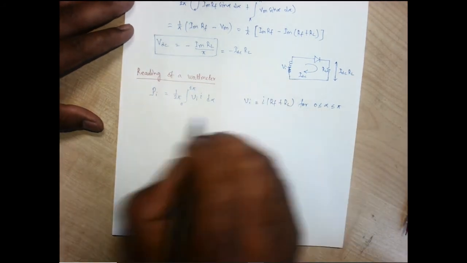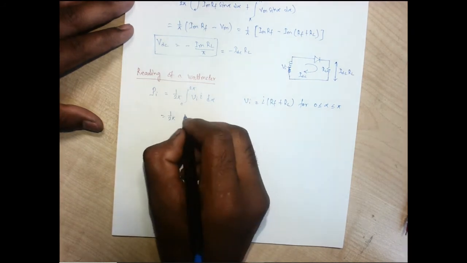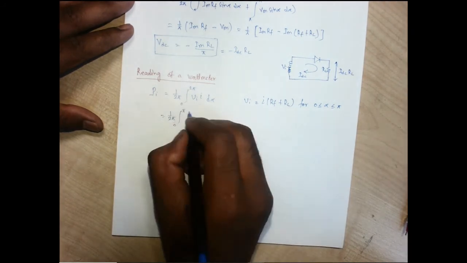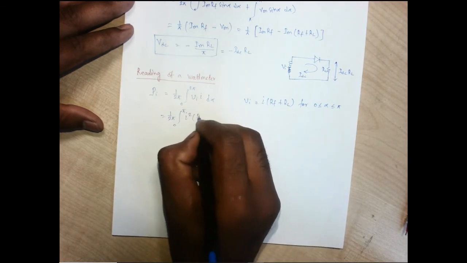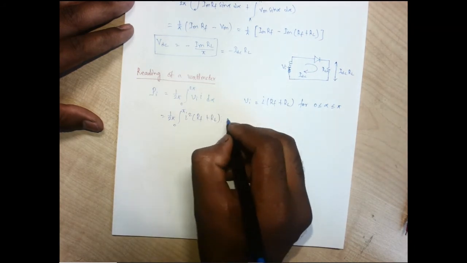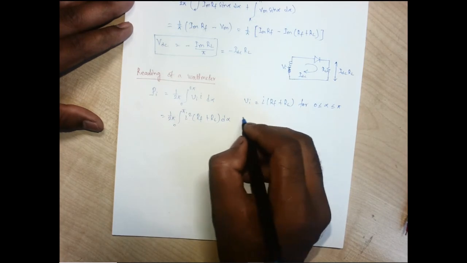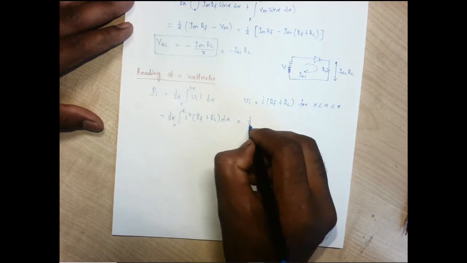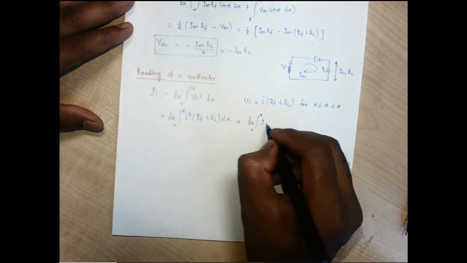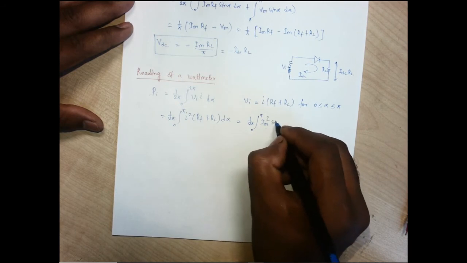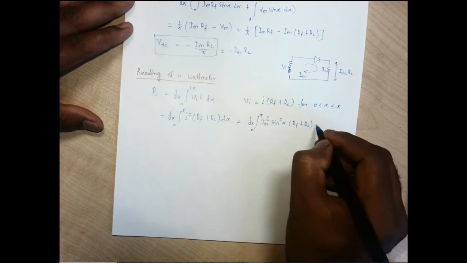So let us do the integration. If we put this VI, that will be I square into RF plus RL d alpha. This I square will be Im square sin square alpha, into RF plus RL, d alpha.